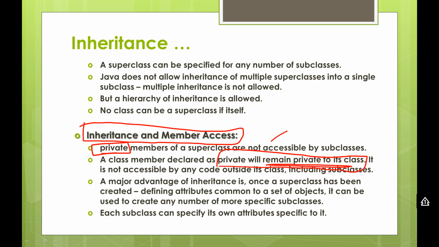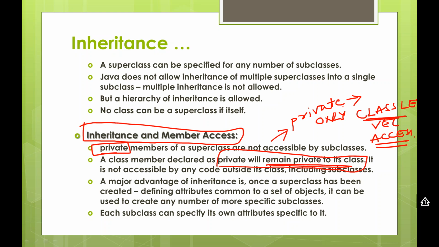It cannot be accessed outside of that class. Private members can be accessed only within the class in which they are defined. That is why we cannot access private members inside our subclasses.